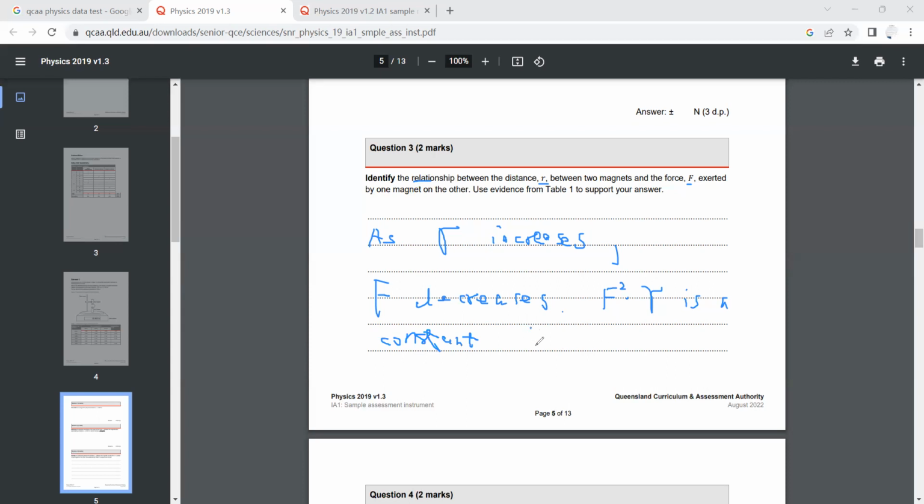Also, we can use mathematical language: F squared is proportional to 1 over R. We can use either of these methods to represent it.